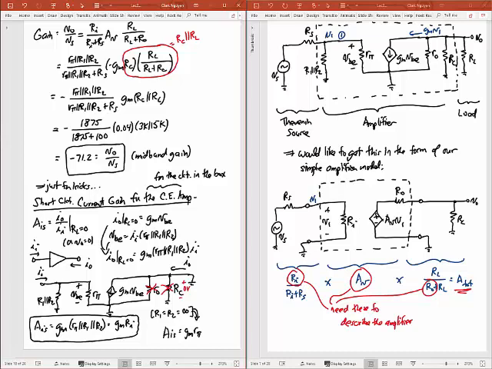And remember the equation for R pi? What's R pi equal to? Beta over GM, right? So this thing ends up just being equal to beta. Okay, which is kind of cool. That says that the maximum current gain that I can get out of this transistor is beta, which makes sense, because the beta is the current gain of the transistor itself.